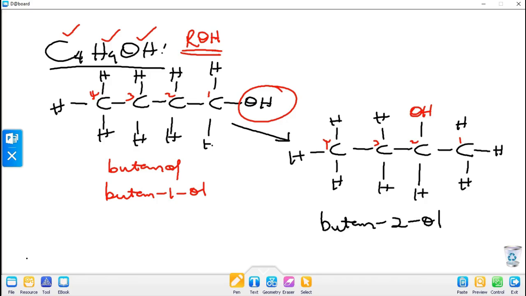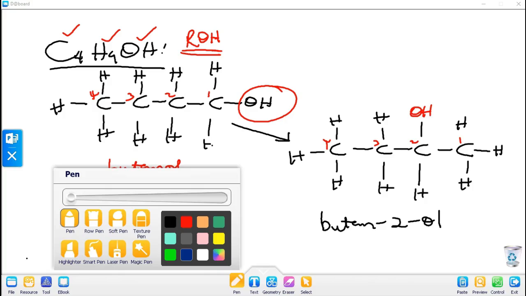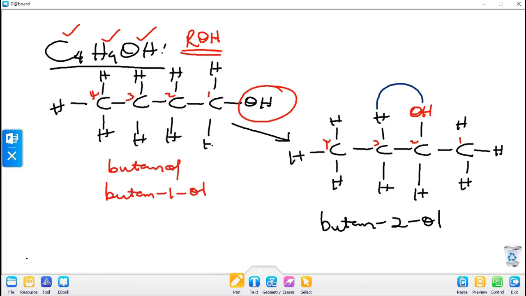I can hear a student saying, okay, why not we shift it? Let's shift the OH to the third carbon atom. Now, when you shift it to the third carbon, somebody may be saying, now it will no longer be butan-2-ol, it will be butan-3-ol. You are not correct if you are reasoning that way.